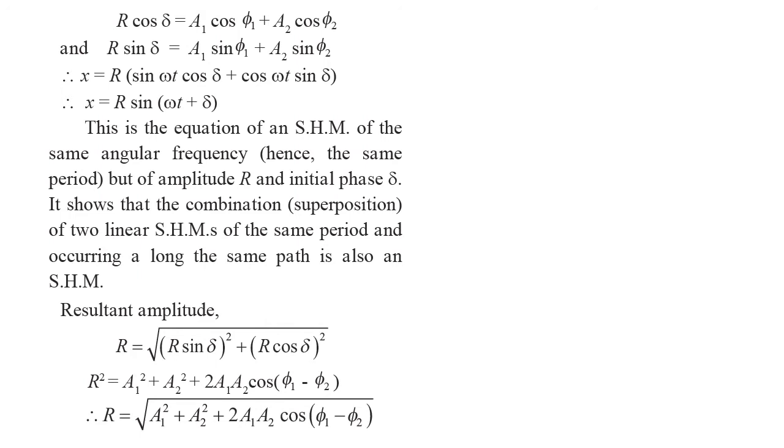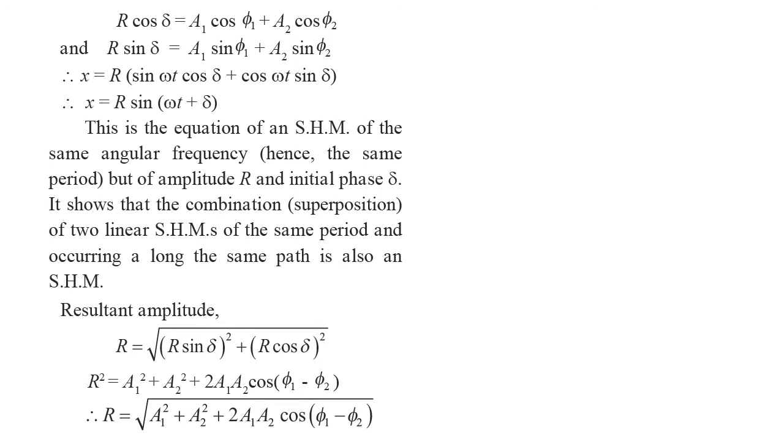If we substitute these assumptions in terms of r and delta in the equation for the resultant displacement x, you get x equals r into (sin omega t cos delta plus cos omega t sin delta).